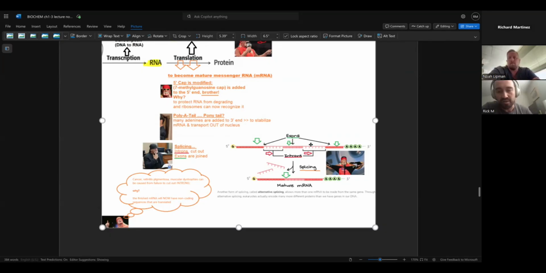They cut these out because they don't code for anything. Now the DNA has them in there. Now they can be translated into protein. That protein's done. It's nothing anymore. That's how you get some forms of, I mean, one way, right? You can get cancer, muscular dystrophy, so on and so forth. So these introns are so important to get rid of.